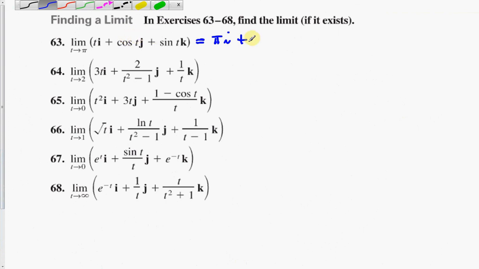That's a -1, so I just put here -1j, and then sine of pi is 0, so plus 0k. Okay, it's 0 times the k component, so this is pi i minus j.